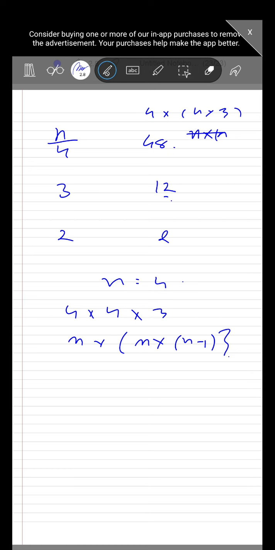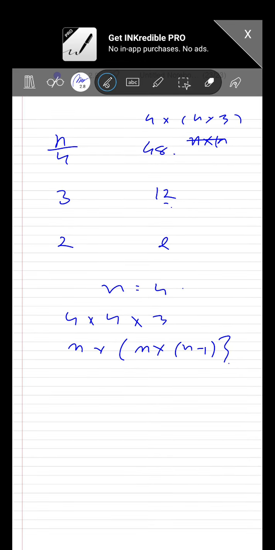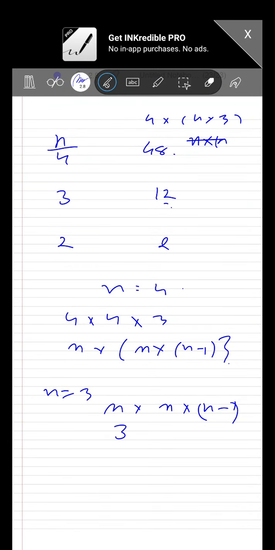So is it applicable for this also? Let's see. For n is equal to 3, if we have n into n minus 1, that means 3 into 2, so that will make it 18. So it's not working out.